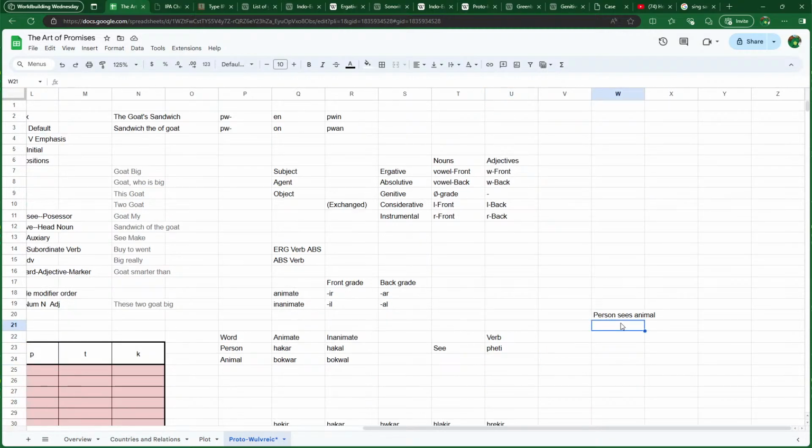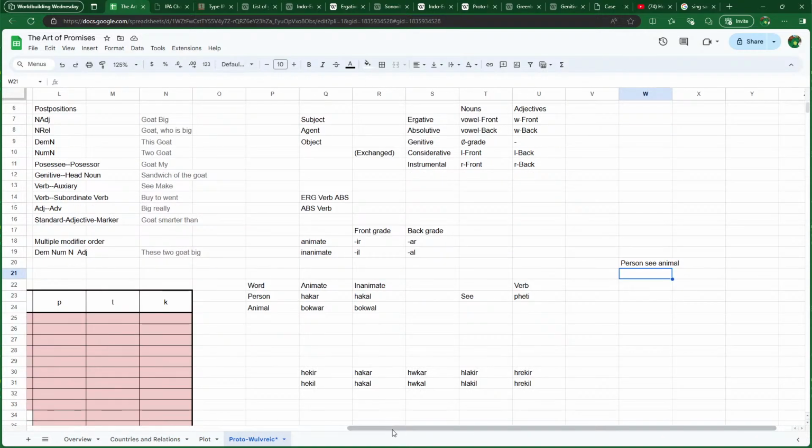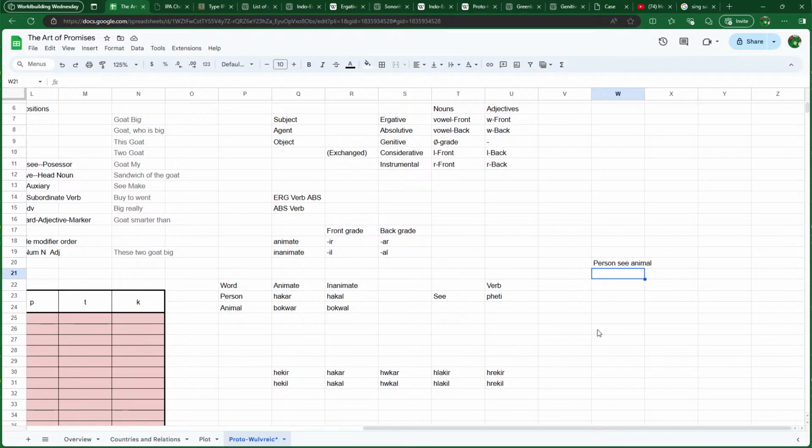So, now an hour and a half into the stream, we can finally construct our first sentence. So, C, that is a transitive verb, which means that our person will be in the ergative case, which means that we will have our ergative form, hakir.